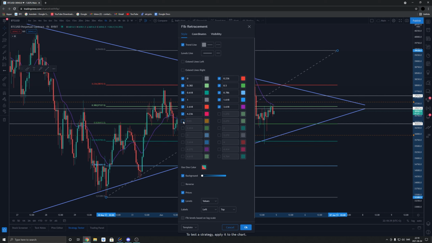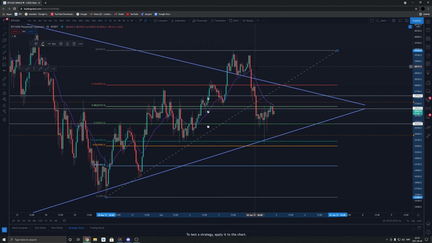Usually it's like this. Once you go to TradingView, which you can sign up for with the link in the bio, you may not see this 0.65 level. If you don't, then just check the market and write 0.65 here.